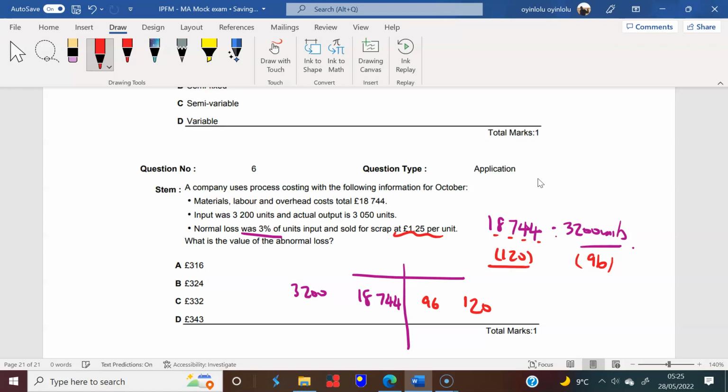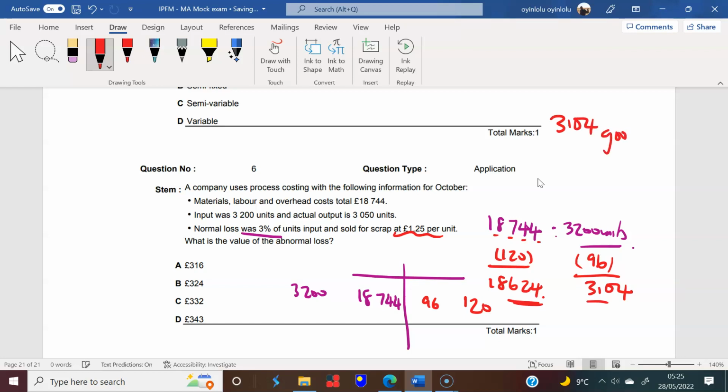The remaining items, 3,200 minus 96, is 3,104, and 18,744 minus 120 is 18,624.